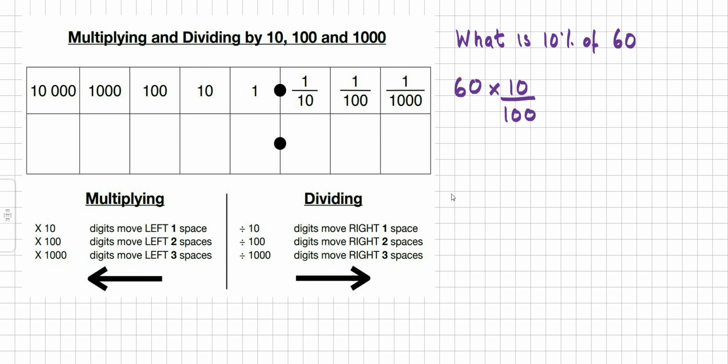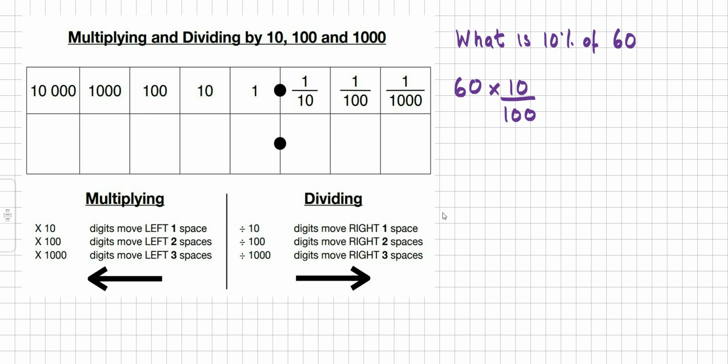Okay, and if we think about that, if we multiply by 10, it's going to move one place to the left, but then we're dividing by 100, so it's moving 2 places to the right.